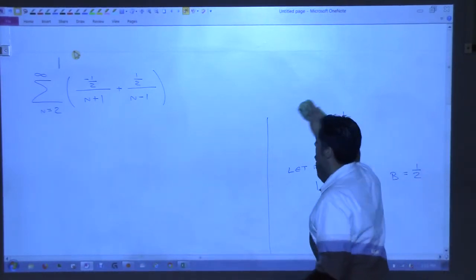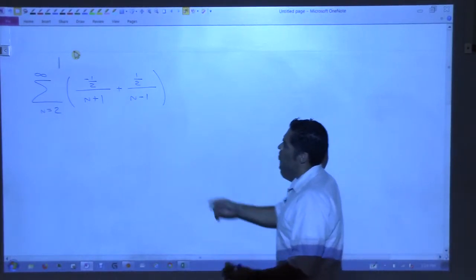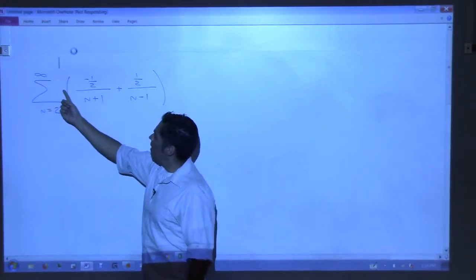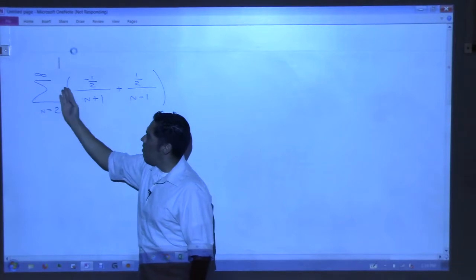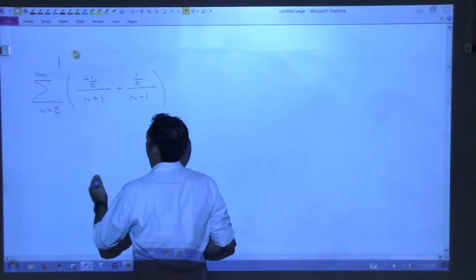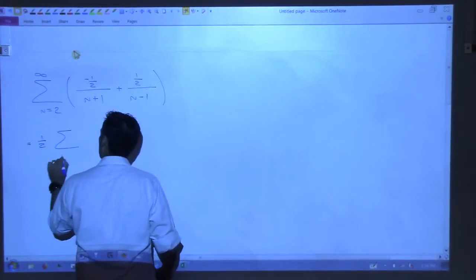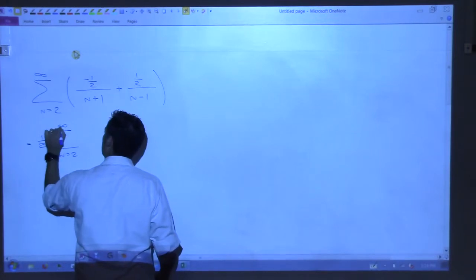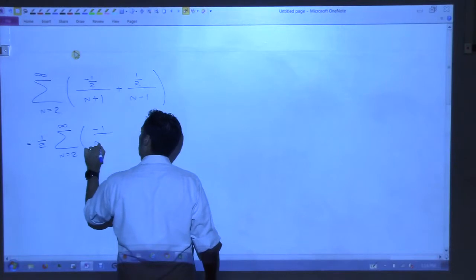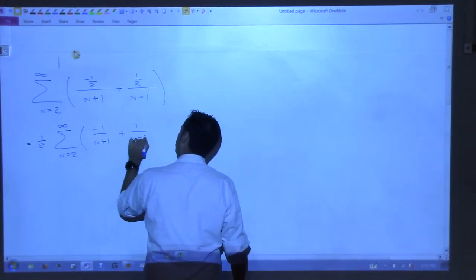Now, do you see that both the numerators have a 1/2 in them? Yes? I'm going to factor a 1/2 out of both of these, and then bring the 1/2 out of the sum. So constants can come out of sums just like they can come out of integrals. So this becomes 1/2 sum n equals 2 to infinity of, I pulled out a 1/2, so negative 1 over n plus 1, and then plus 1 over n minus 1.